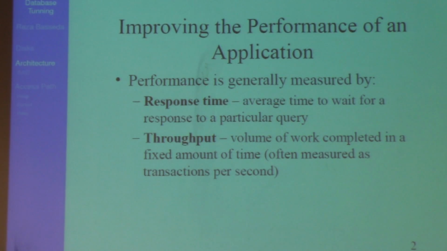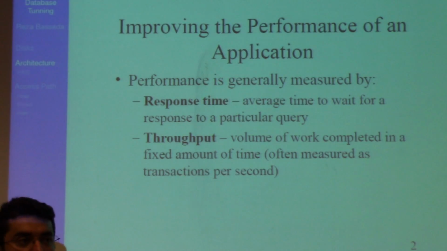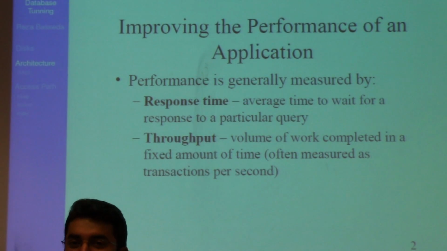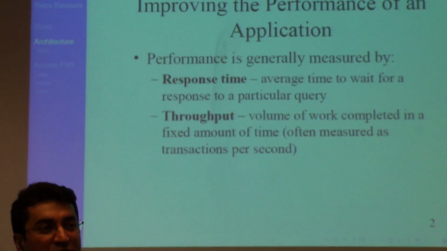Each transaction is very simple, but it involves reading and writing to the tables. You are the managing director, the CEO of Bank of America. Which measure do you be concerned with in this case? Response time, right? You want the response time to be as small as possible. You don't want your clients waiting in front of the ATM for a long time to get the money. So response time is important in this case.